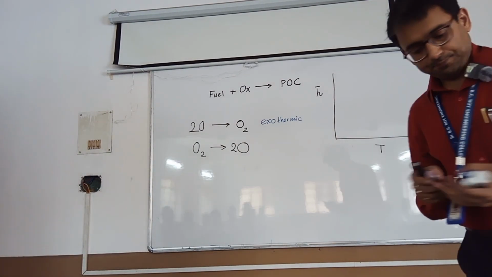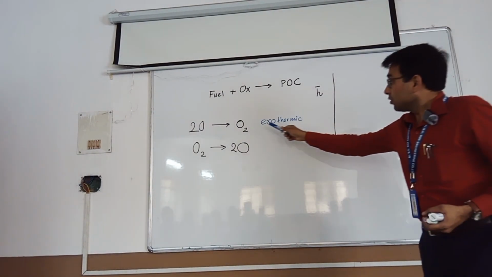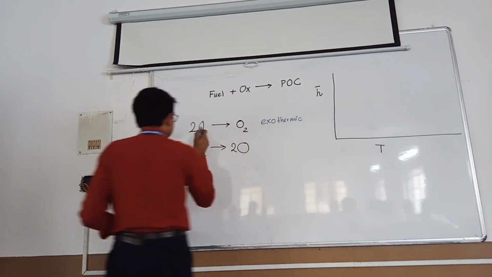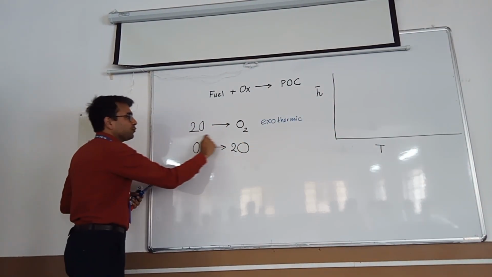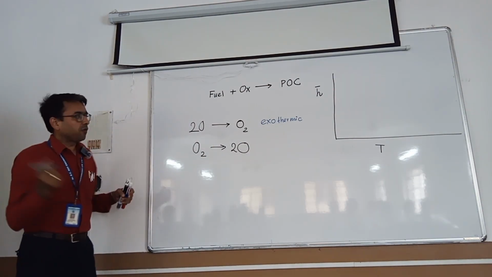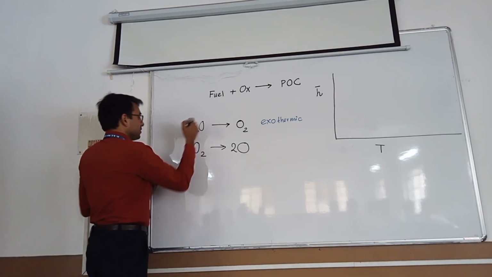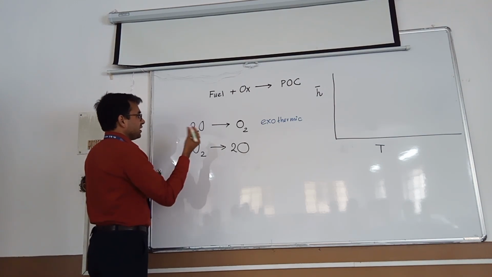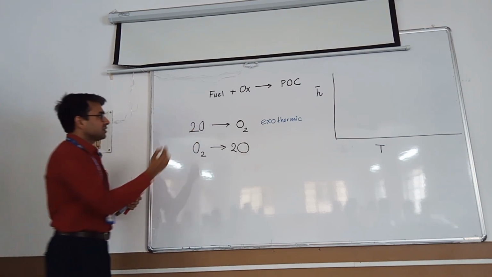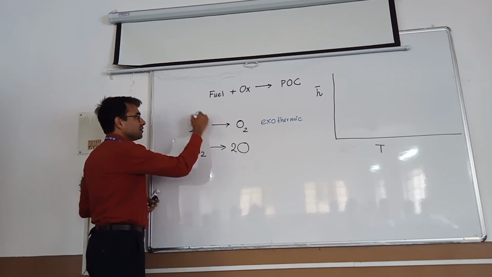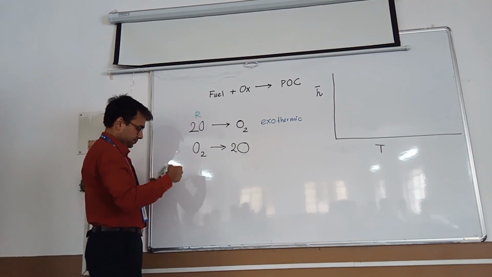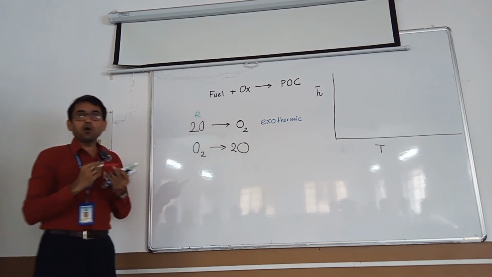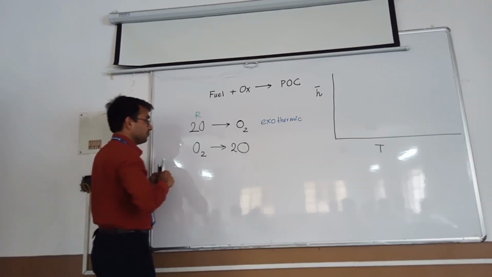Next, if I try to plot this, where reactant is this, this is reactants, and let us give two colors. This is reactants and this is products. I will plot with the corresponding color there.